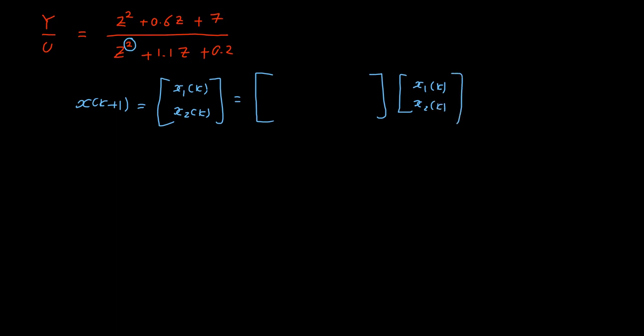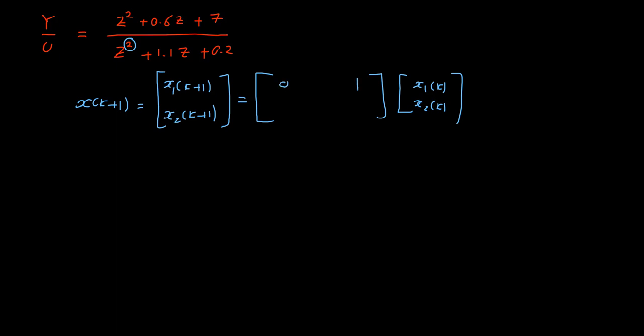Sorry, this is plus 1 here. Let's fix it. Sorry for that. So this is the x1 of k plus 1, and this is the x2 of k plus 1. So x1 of k plus 1 will equal x2, so this will be the 0, the 1.